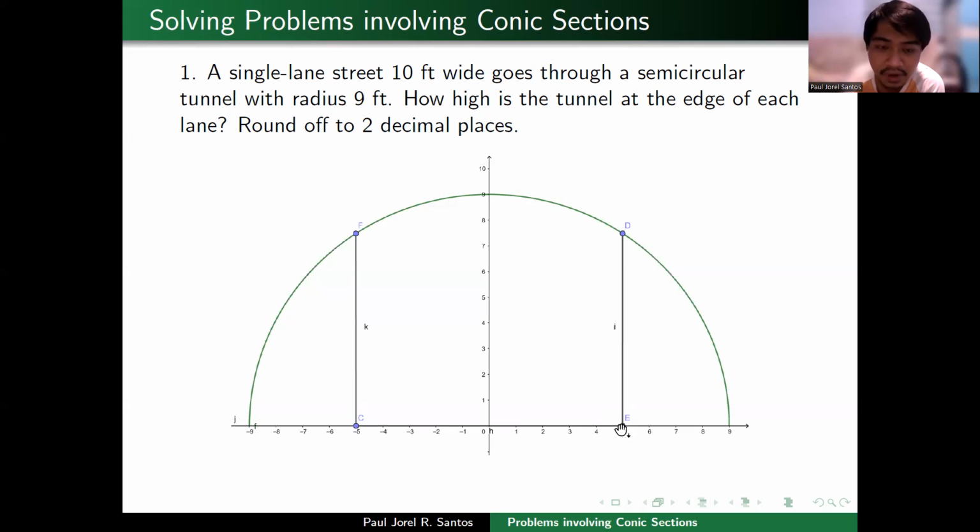And what we want to find here is the height, or the measure of this line segment DE, because that is the height of the tunnel at the edge of each lane. Meaning to say, given the value of x as 5, we want to find the value of y in D, or the ordinate of D.